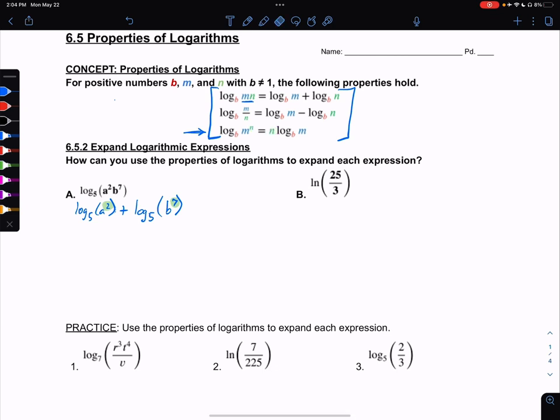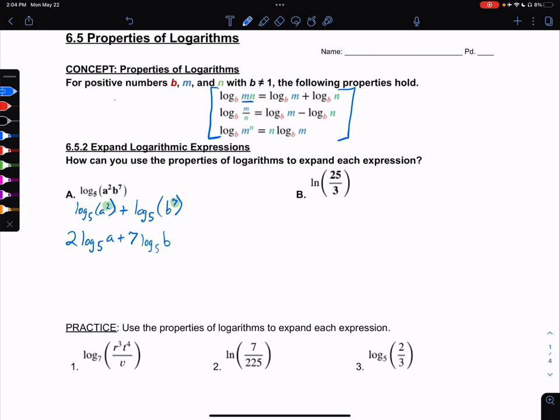So we're going to apply that same rule, and for that first group, the 2 and the 7 are going to get moved out front. So this will become 2 log base 5 of a, and we're still adding 7 log base 5 of b. All right, and now this would be our expanded logarithmic expression.